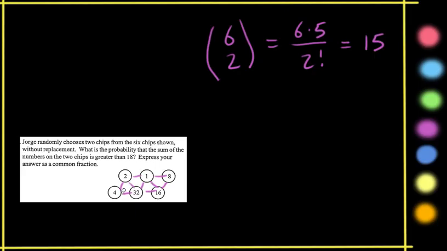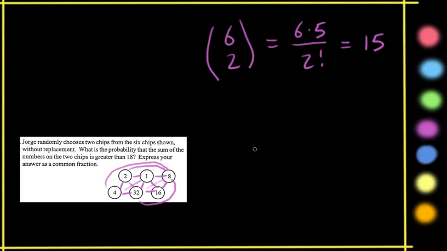So 8, 9, 10, 11, and then this one. Anyway, there's 15 of them altogether, because that's 6 choose 2. So how many of those have the sum greater than 18?